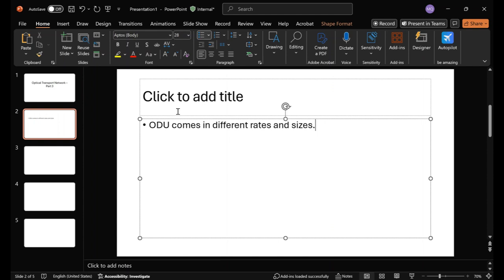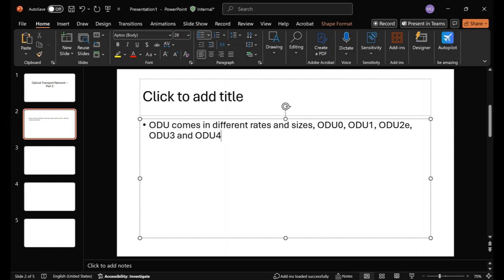These include, as we have studied, ODU0, ODU1, ODU2, ODU3, and ODU4. Each one corresponds to a specific client signal rate.